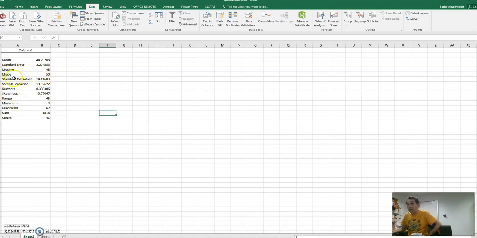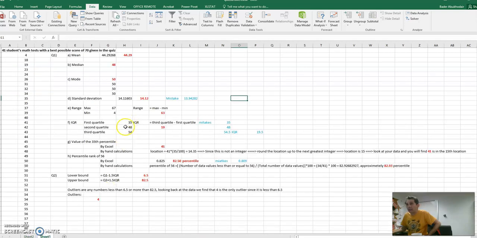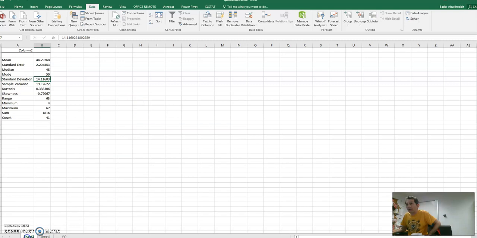You have to use the mode extension, which is MODE.MULT. The standard deviation over here is for the sample, everything here is for the sample, along with variance, range, maximum, minimum. So very similar to what I found before for standard deviation, for example 14.11603. If you look at the first sheet, 14.11603, the same thing I found earlier.